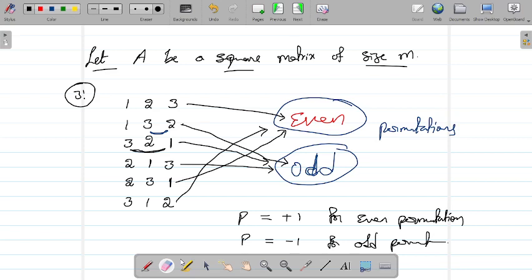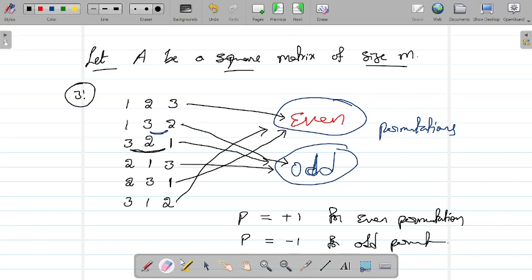So now the elements are going to be A13, A22, A31, and next A44, and so on, finally AMM.